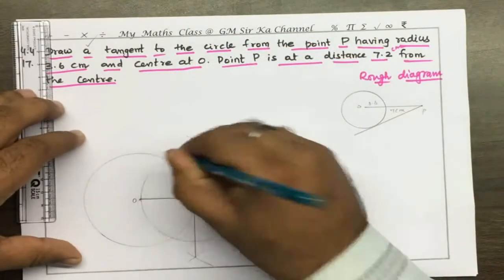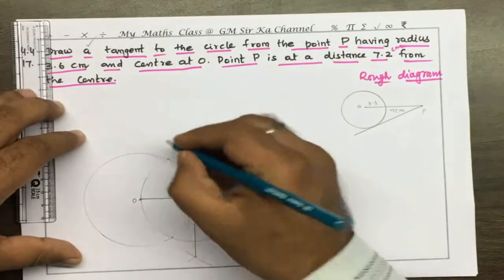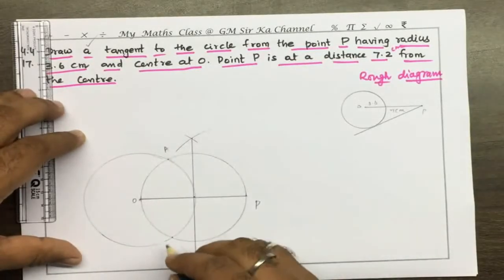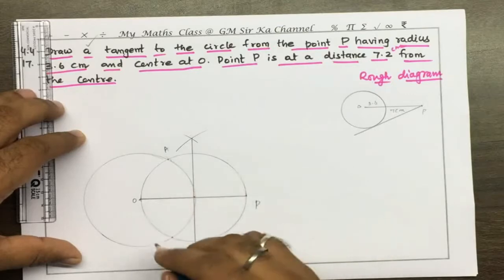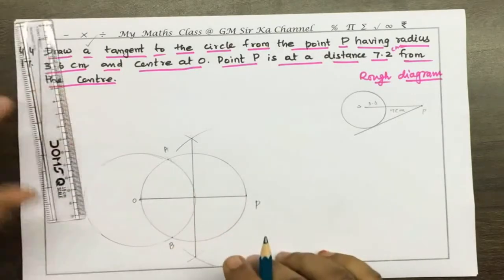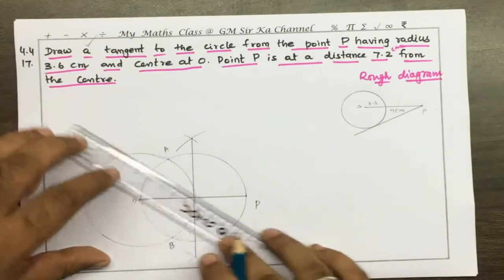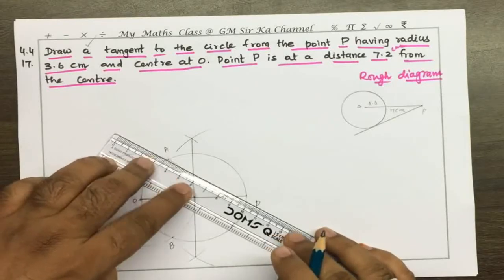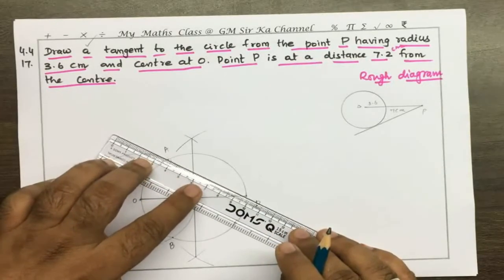Let the 2 points of intersection on the previous circle by the new circle be A and B. Two tangents can be drawn from the external point of the circle.